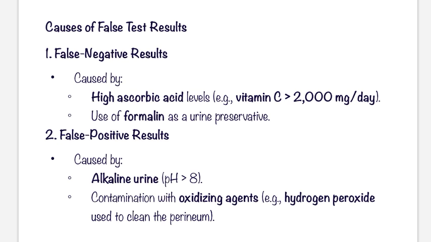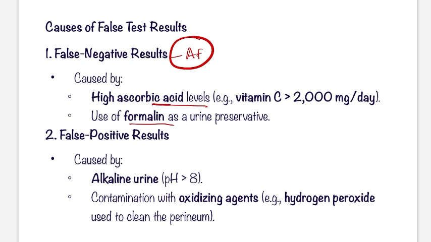Now we'll proceed further. Are there any false negative or false positive results? It means you are doing a test and hematuria is originally there, but we are not able to find it in the test. That is false negative. Just remember two things: acid and formalin. AF, acid and formalin.